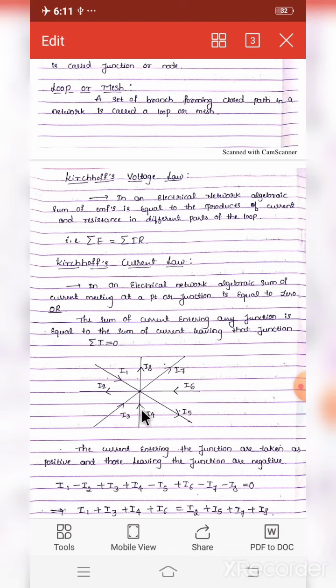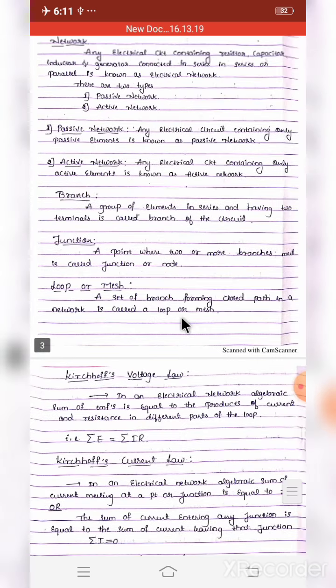Next, I3 is incoming, I4 plus, I5 is minus, I6 is plus, I7 is minus, I8 is minus. So that is written like this: I1 plus I3 plus I4 plus I6 equals I2 plus I5 plus I7 plus I8. This is about Kirchhoff's current law. Kirchhoff's voltage law and Kirchhoff's current law are important for your examination.